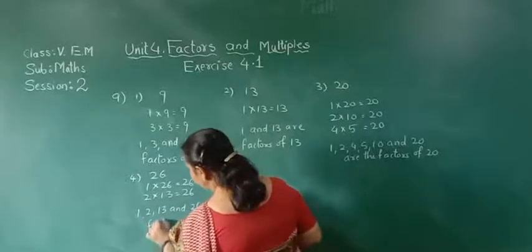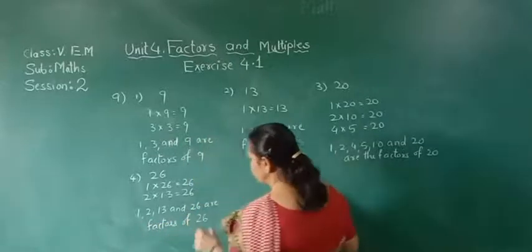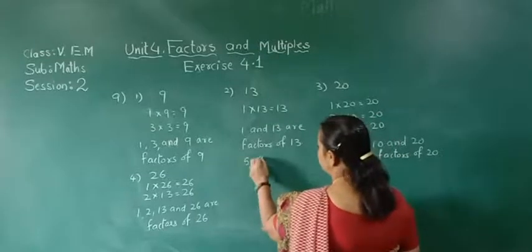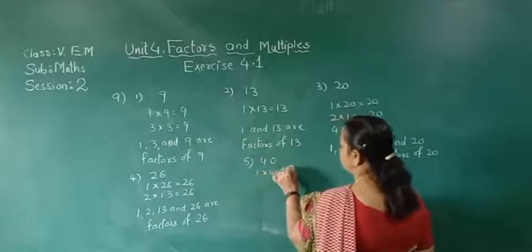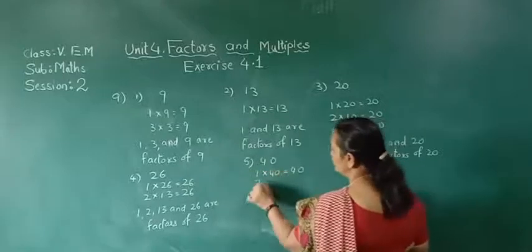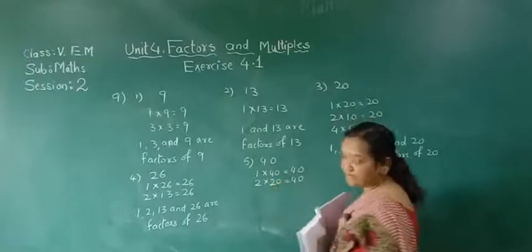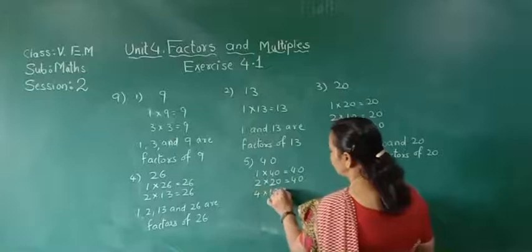Then the fifth number is 40. So 1 40 is, yes, 40. Then in the 2 table, 2 20s are 40. In the 3 table we won't find 40. So in the 4 table, 4 10s are 40.